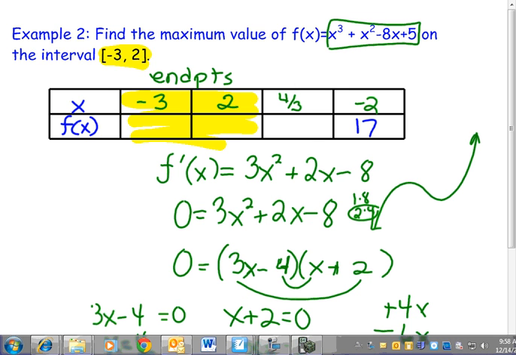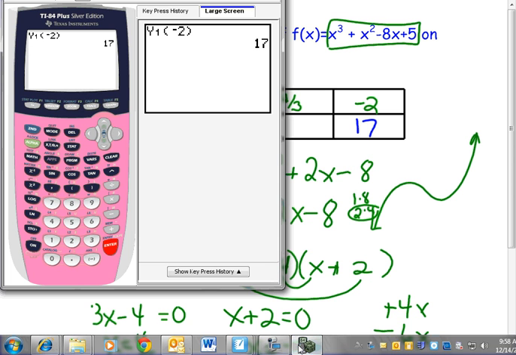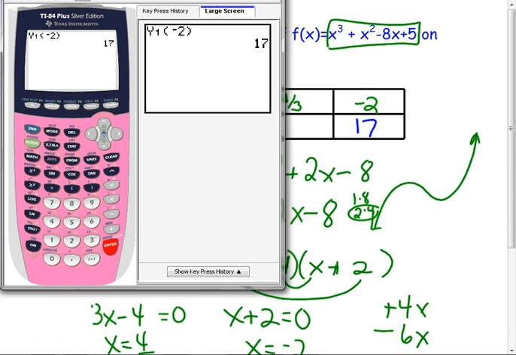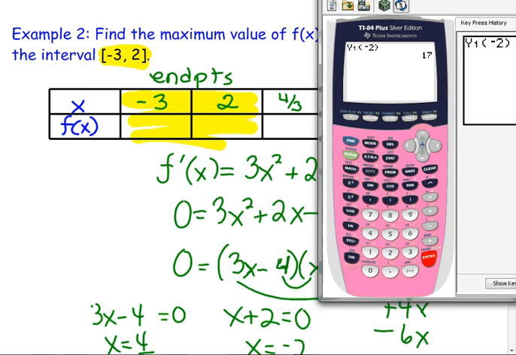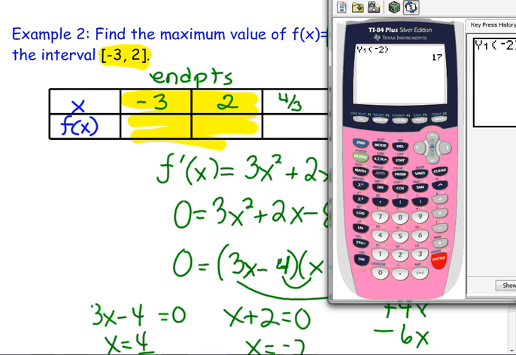Now, I'm really lazy today. I wasn't going to pull y1 up again. You could go second enter if you don't know this. And now all you have to do is go in and change that to negative 3. It's f of x notation. I'll do the 4/3. I'm doing negative 3 right now. I'm just evaluating. That's 11.